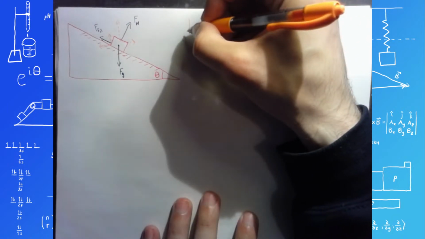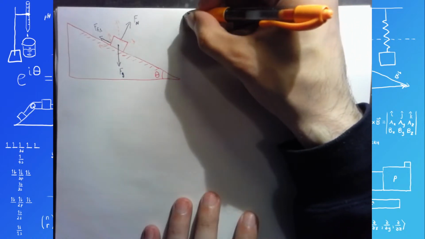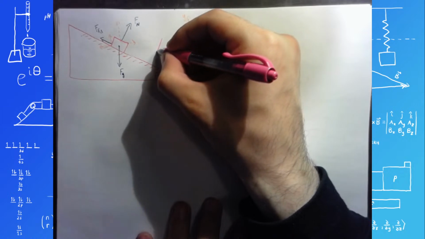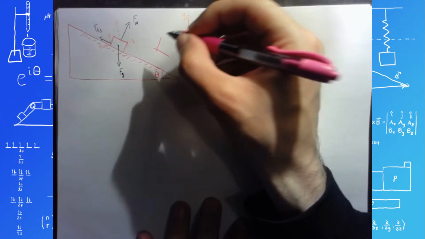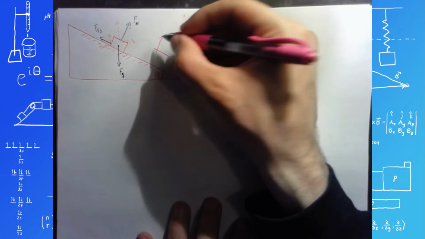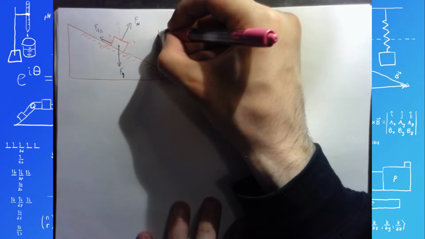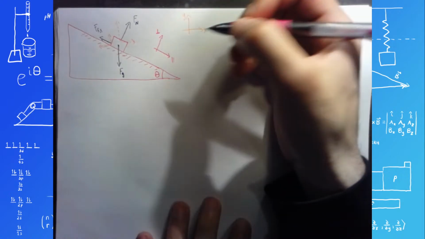Instead of using this x and y coordinate system that we've been using up to this point, we can use a coordinate system that looks more like this. And it's up to you whether you want to consider up the incline or down the incline to be the positive direction, but your two directions are now perpendicular to the incline and parallel to the incline.